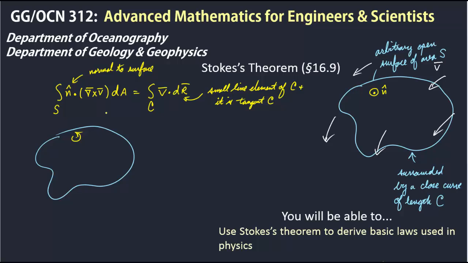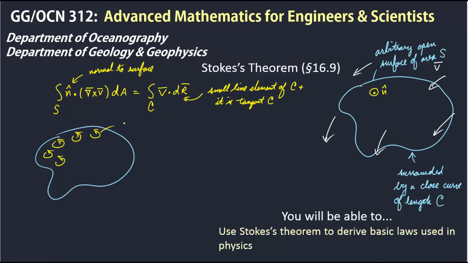Again, remember, n hat is outward of the computer screen. And so we're looking at the component of the curl outward, and that will have a circulation at every point within the area that is counterclockwise and in the plane.